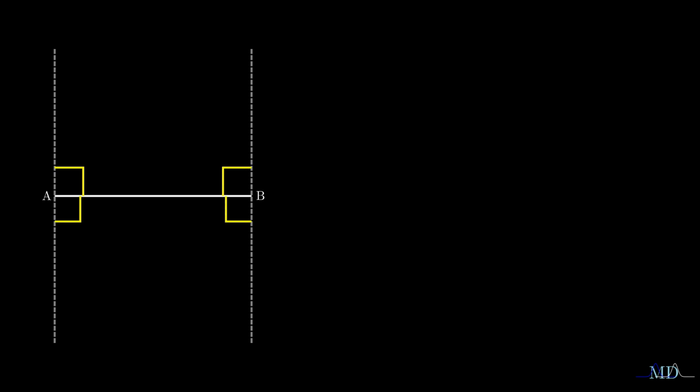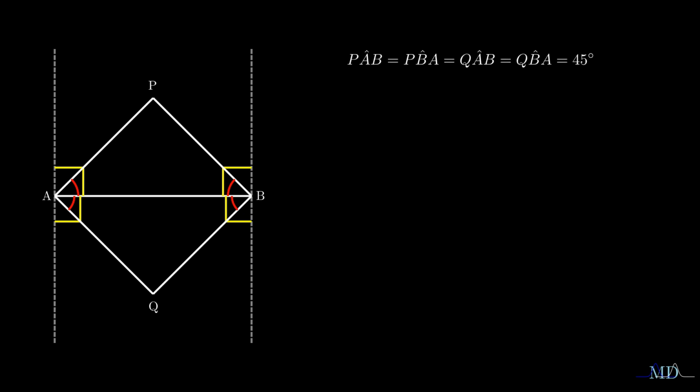One last thing about this exercise. We ask ourselves what happens if the two parallel lines are perpendicular to the segment AB. In this case, each of the four angles formed by the intersection between the segment and the two parallel lines is a right angle. Furthermore, we know that PAB, PBA, QAB and QBA are four congruent angles that measure 45 degrees.